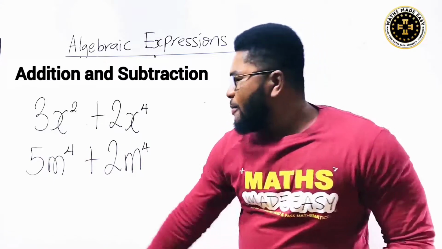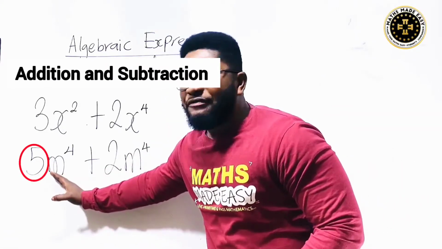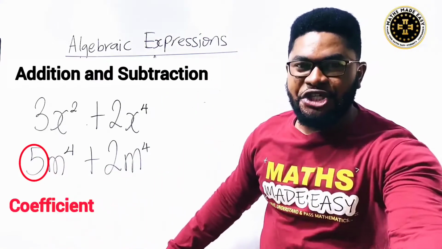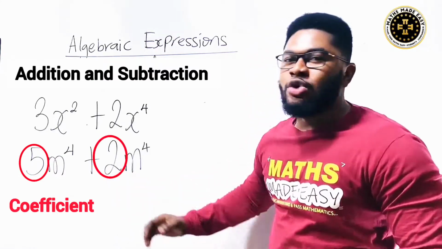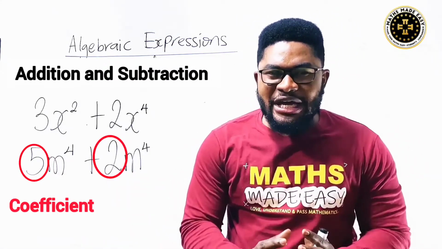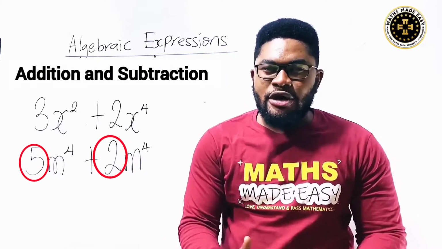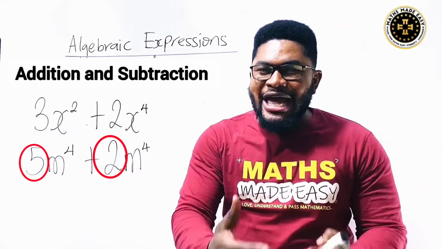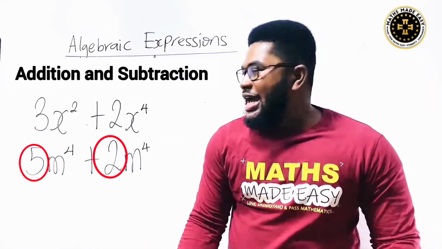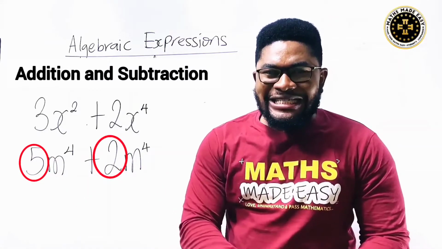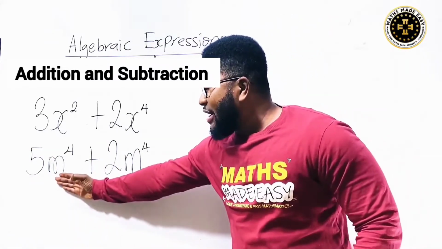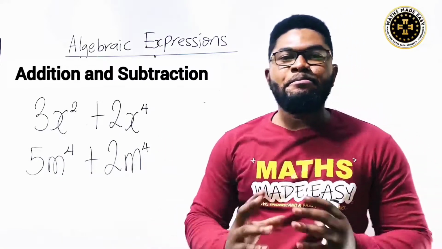Don't forget, the 5 in front of the variable m is called the coefficient. 2 is also a coefficient. That doesn't make the terms like terms. Remember, the coefficient expresses how many of them we have. It doesn't show like terms.